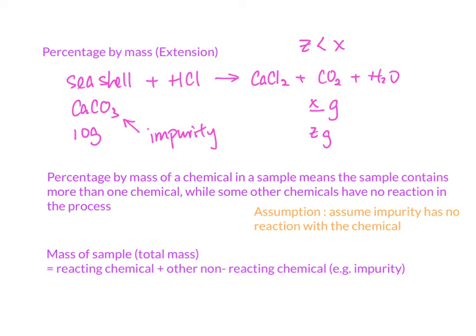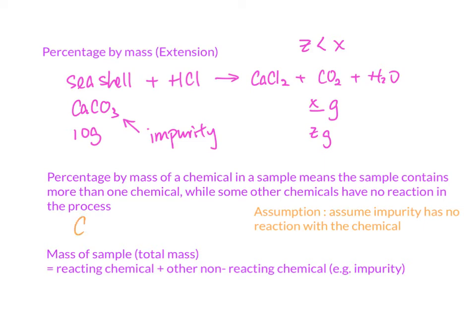So we're going to have a mathematical way to present how much calcium carbonate inside the seashell is going to react. So have a look at the percentage by mass of a chemical. That actually means that inside the sample they will contain more than one chemical, while some other chemicals have no reaction in the process. For example, in this case, calcium carbonate will be the one with active reactions.